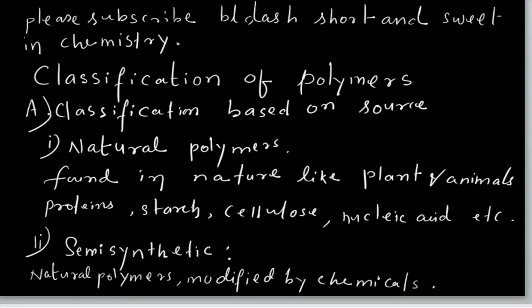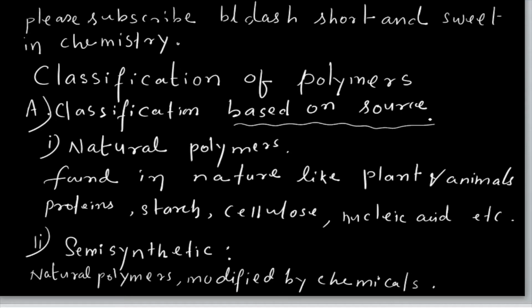What are the types of source? What is the source, how will we get it? Man-made polymer is called synthetic, and half man-made and half from nature is semi-synthetic.